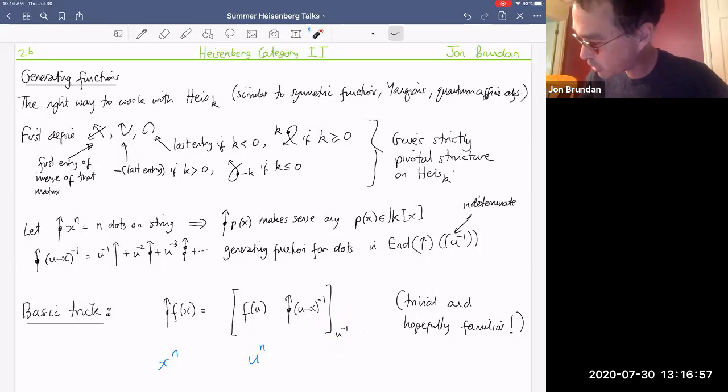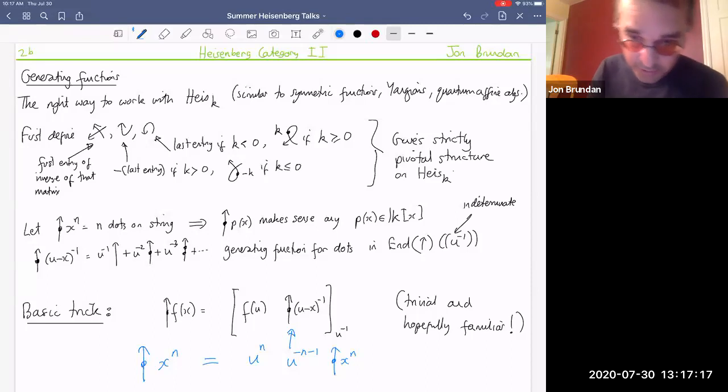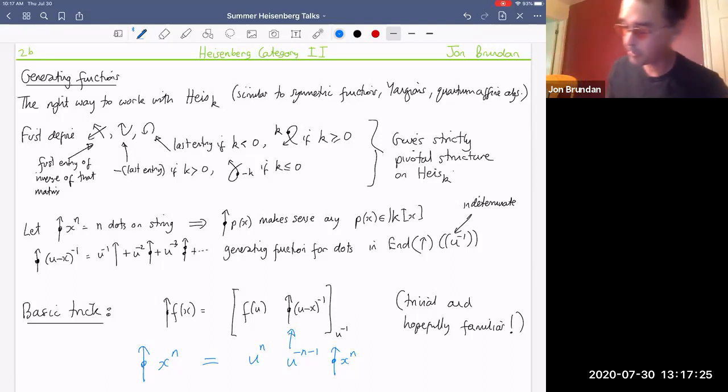So how do we get a u inverse coefficient here? Well, from this term here, we need to be taking u to the minus n minus 1, if f of u is u to the n. And u to the minus n minus 1 comes with a dot with n dots on it, dot to the x to the n. So I just proved that trivial basic trick with formal power series that I think you all know, but so that's checked it for a monomial, so it's true for any polynomial.